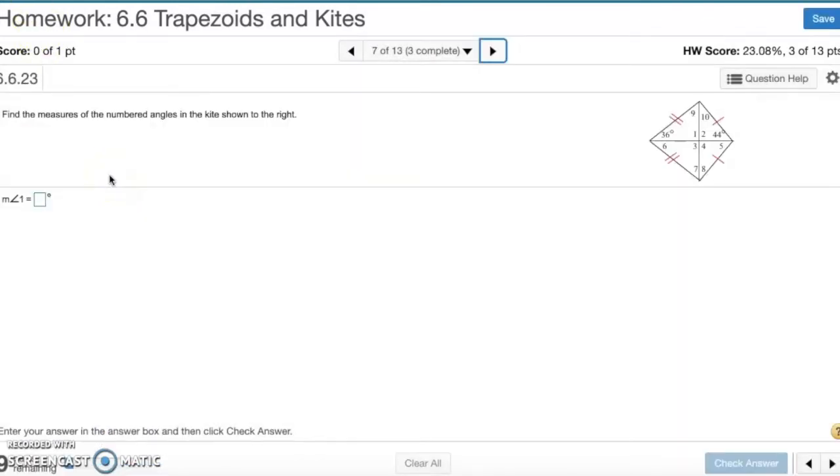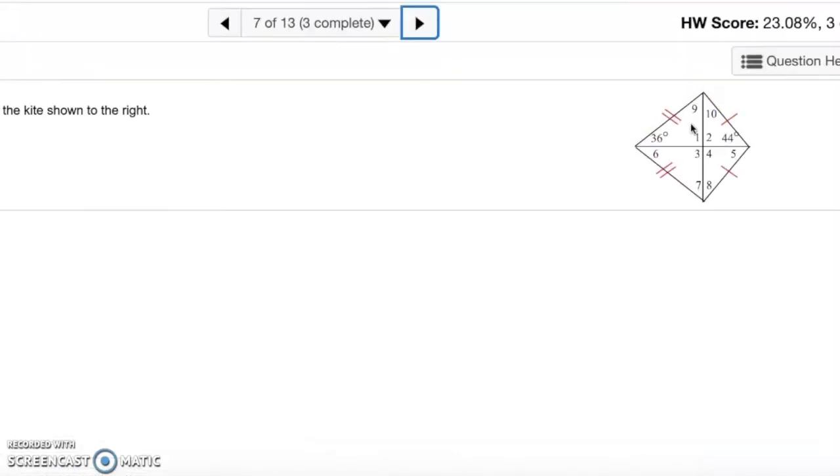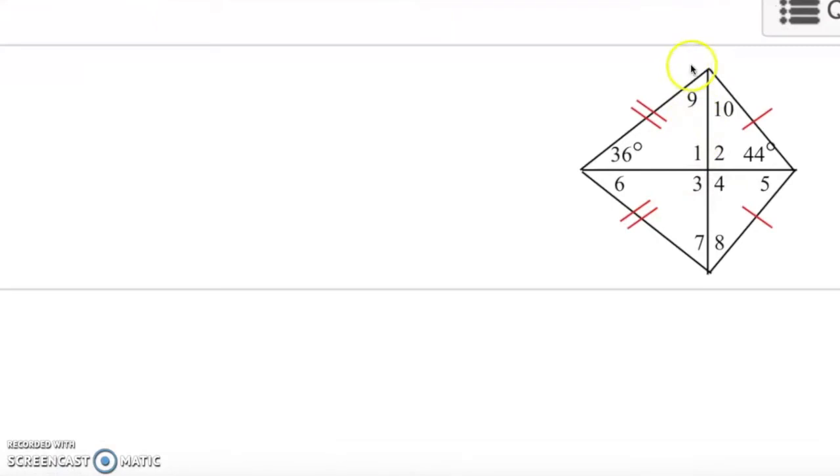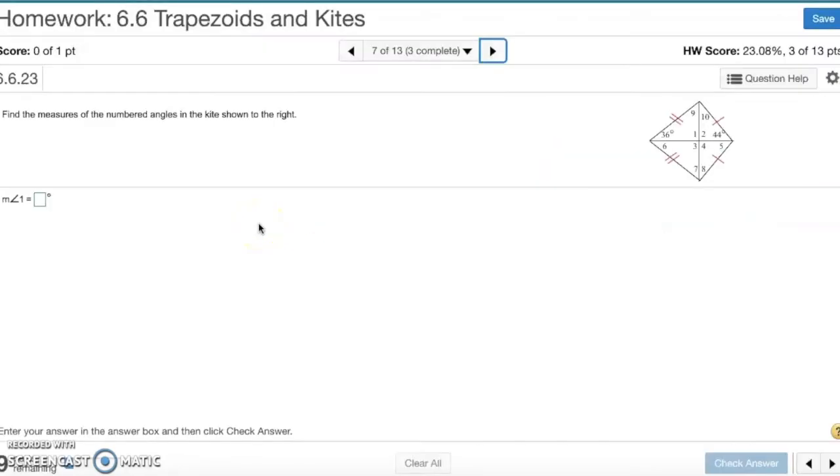Going to number 7. Find the measures of the numbered angles in the kite shown to the right. So let's look a little closer at it. Diagonals in a kite are perpendicular, so 1, 2, 3, and 4 are all 90 degrees. So let's type that in first.